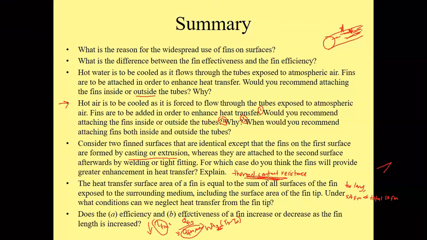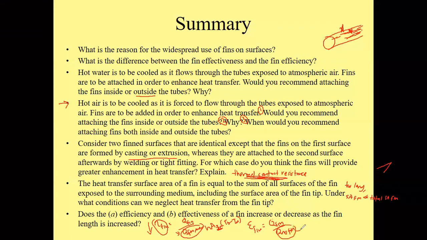As for the effectiveness, it is the other way around, isn't it? Because the effectiveness does not take into account the area of the fin. It only takes into account the area of the base. We say here no fin.